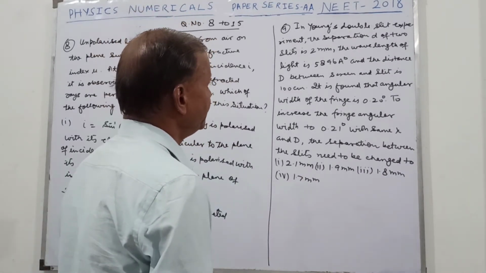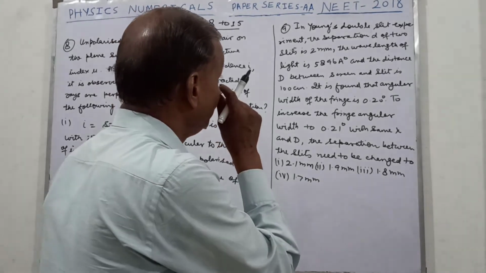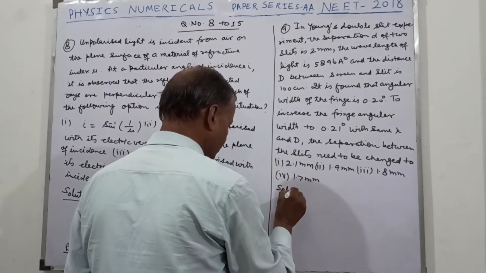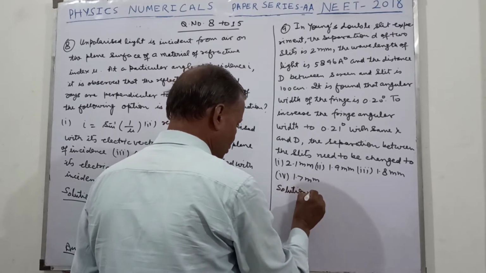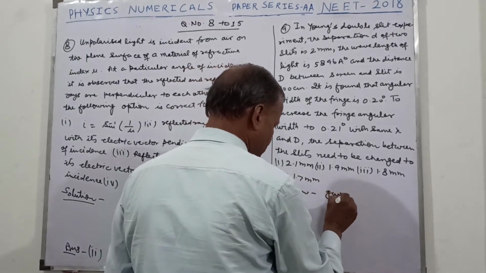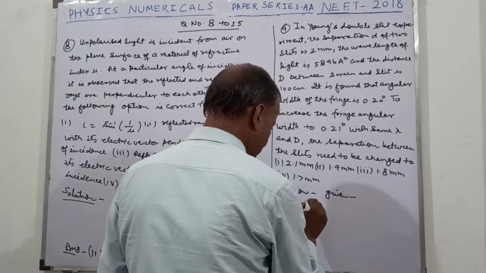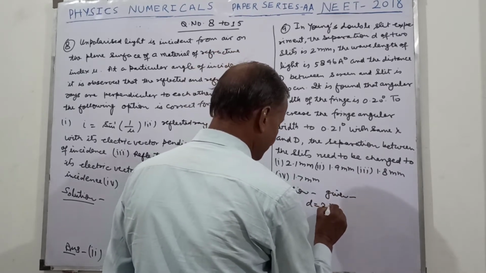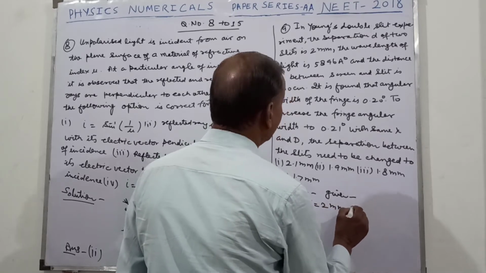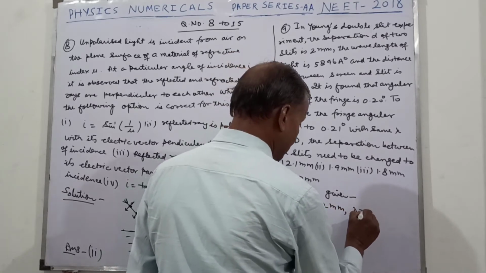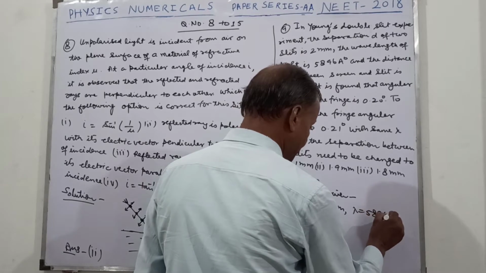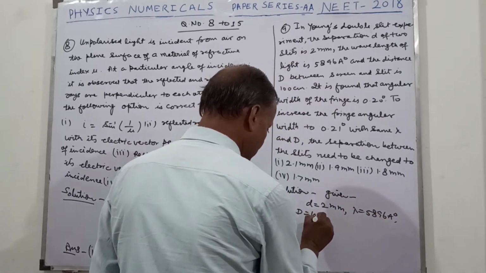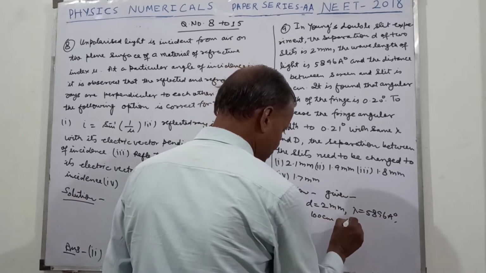Here we are giving the D. Solution. Given small d equal to 2 mm, wavelength lambda equal to 5896 angstrom, and capital D equal to 100 centimeter, so this is equal to 1 meter.